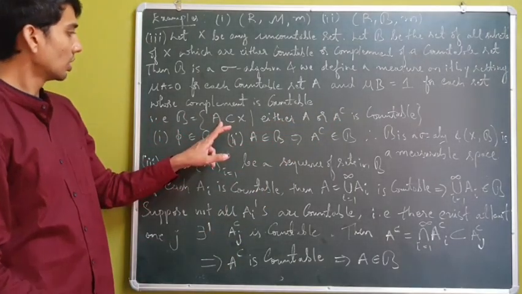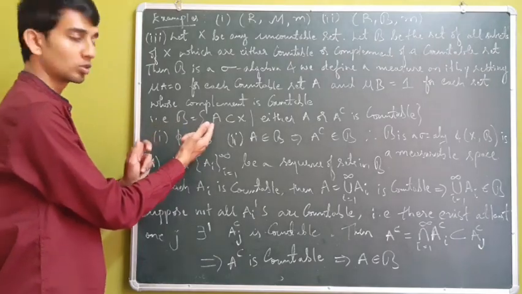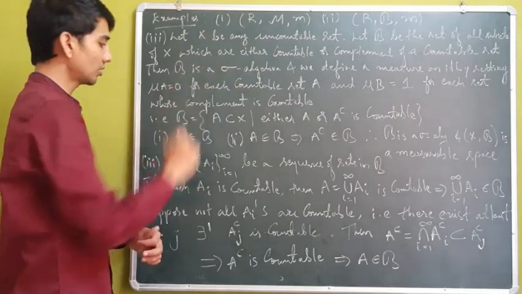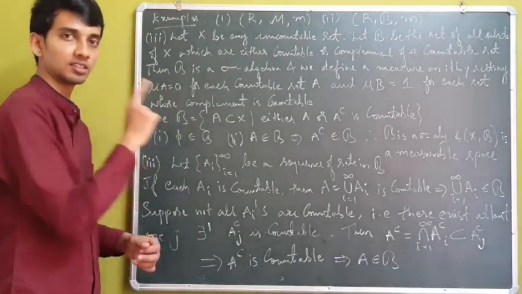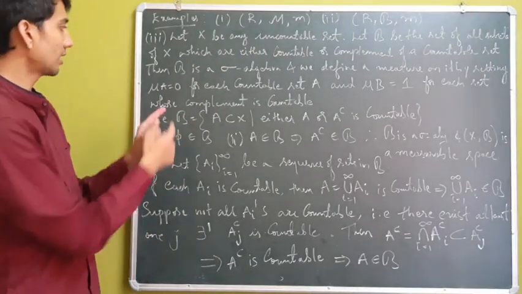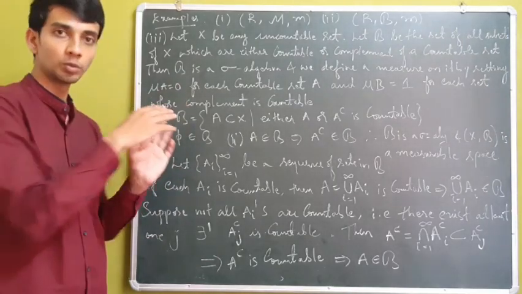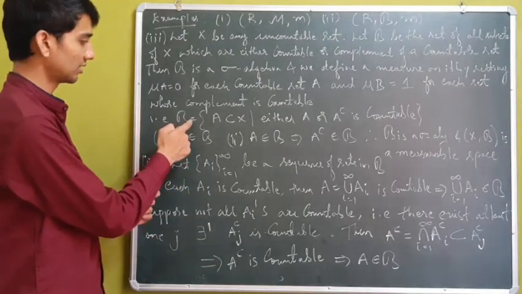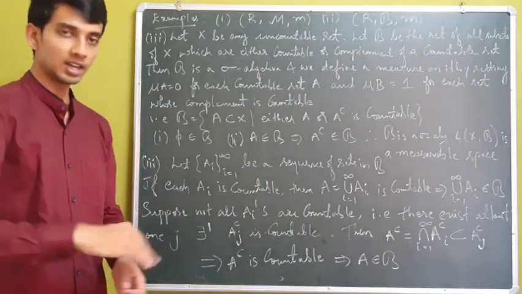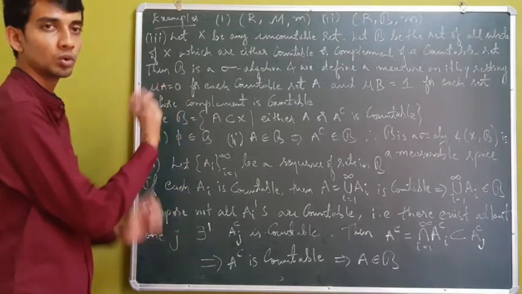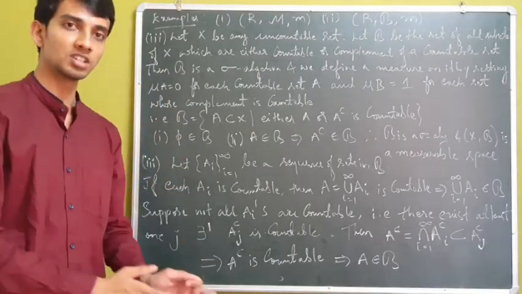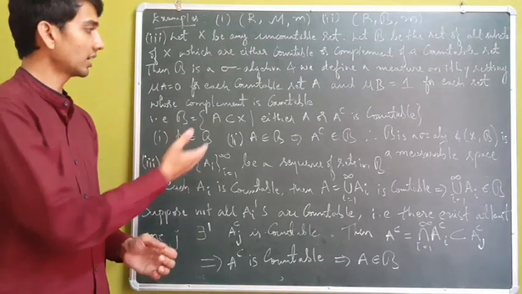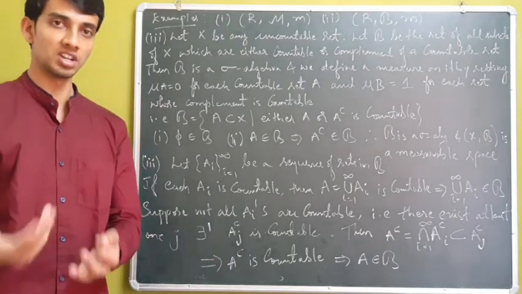To prove that this is a measure space, I need this to be a sigma algebra, and I need to prove that mu is a measure. So first, we will prove this collection B is a sigma algebra, and next we will prove that mu is a measure. Proving this as a sigma algebra and this as a measure implies that (X, B, mu) is a measure space.